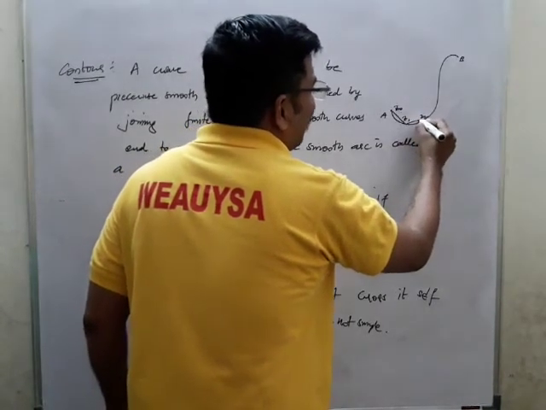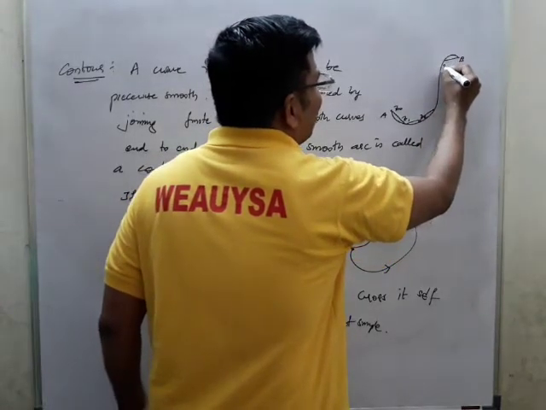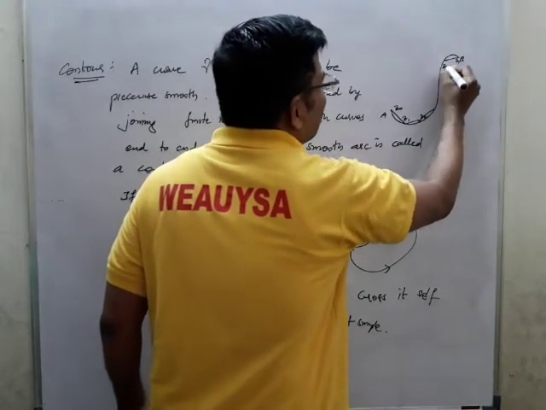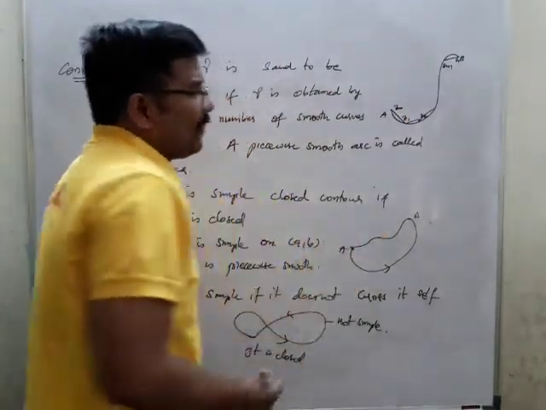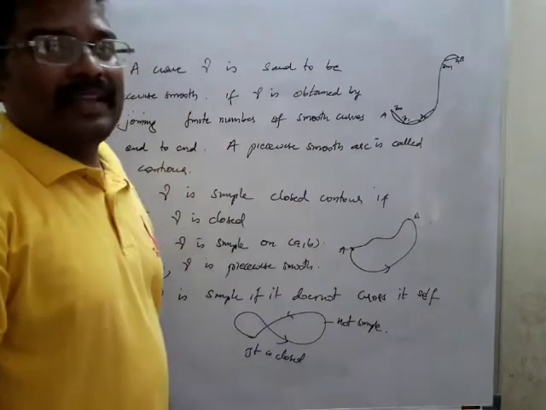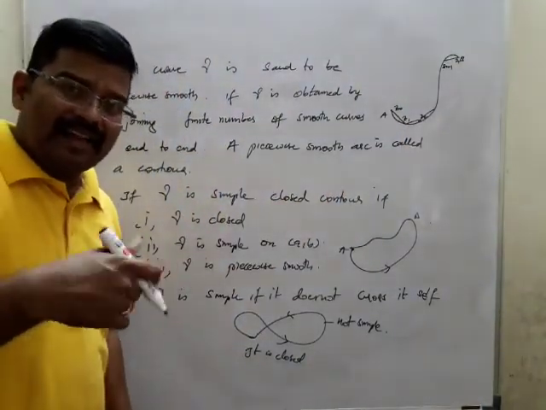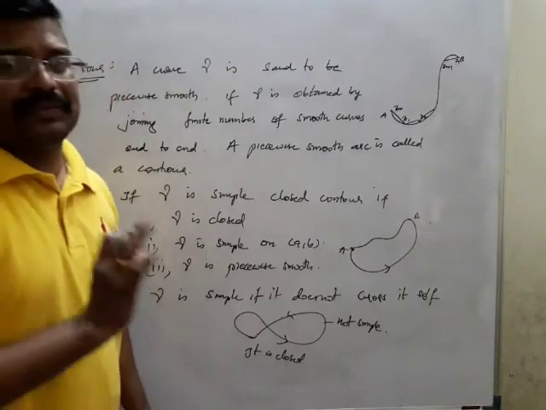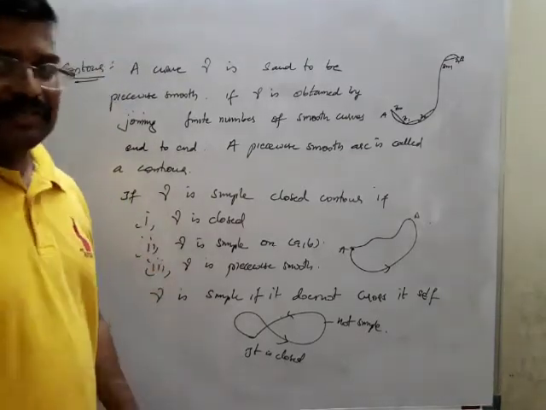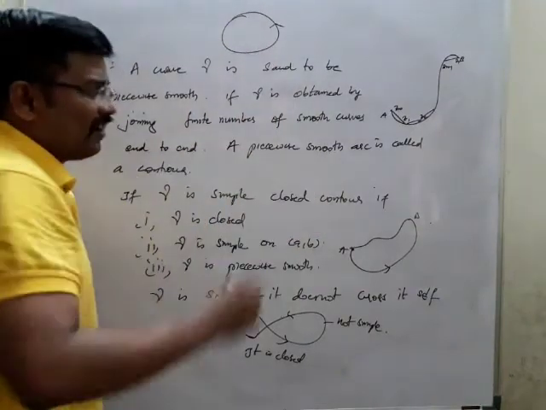The finite number of smooth curves have been joined together. This type of curve is called a contour. If the direction is not mentioned, you have to take the anti-clockwise direction, which is always positive.